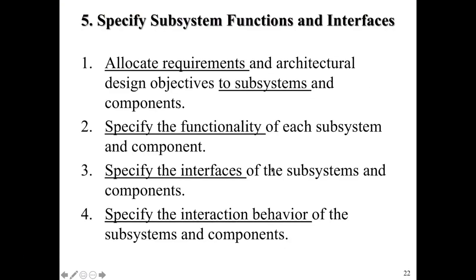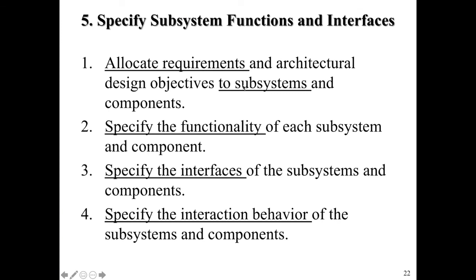In step number 5, we specify the functions and the interfaces between the components of our system. Before we decide the functions or interfaces of the components, first of all, we must allocate all of our objectives and requirements to each subsystem.